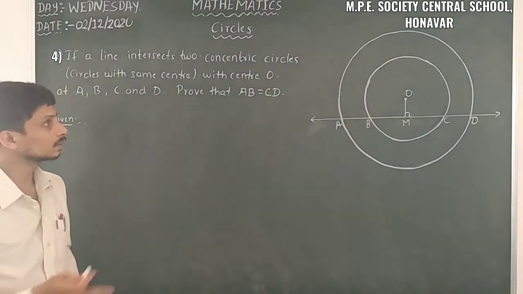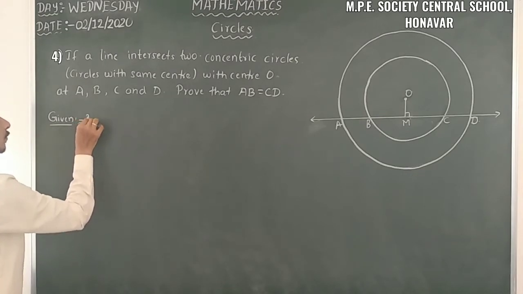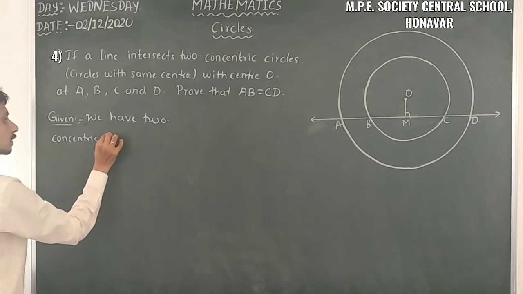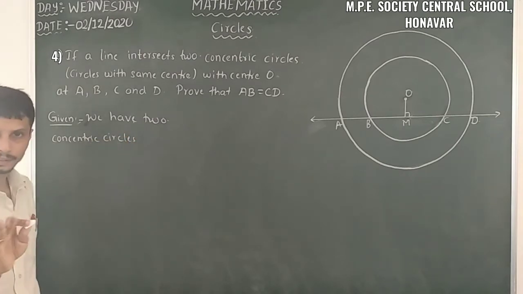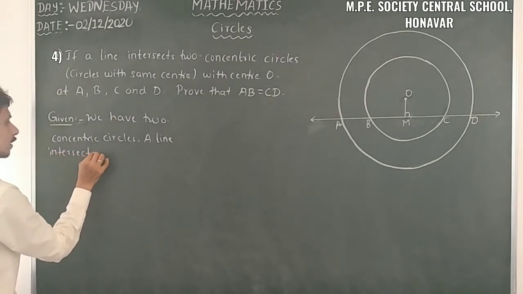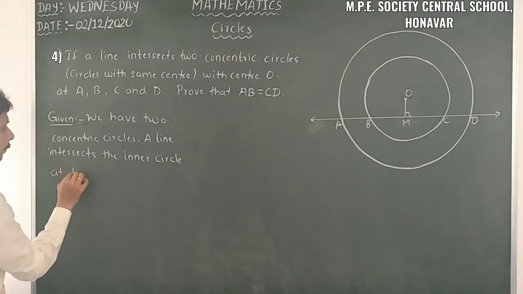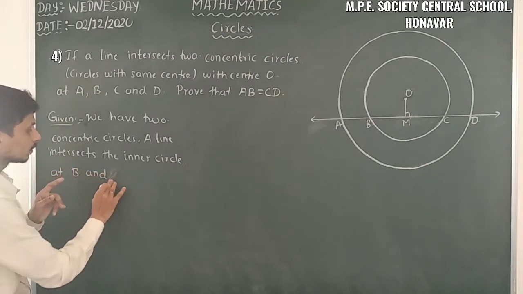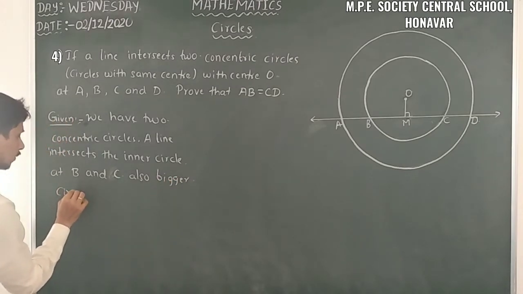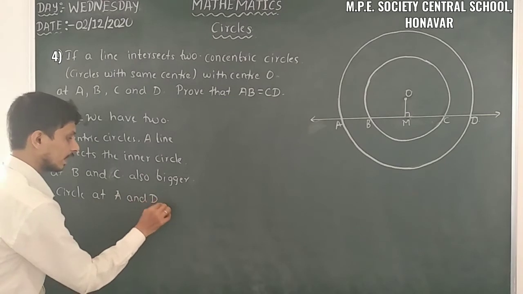Two concentric circles, and the line intersects the smaller or inner circle at B and C, and also the bigger circle at A and D. So what we have to prove?